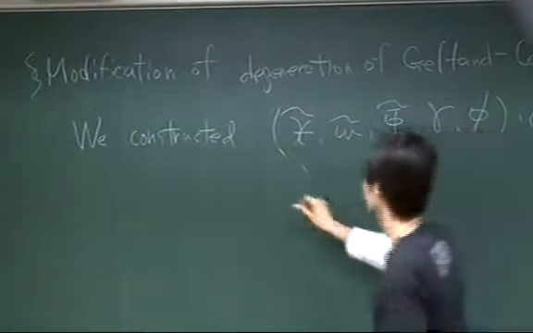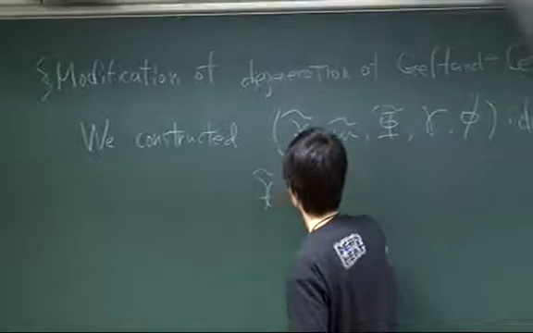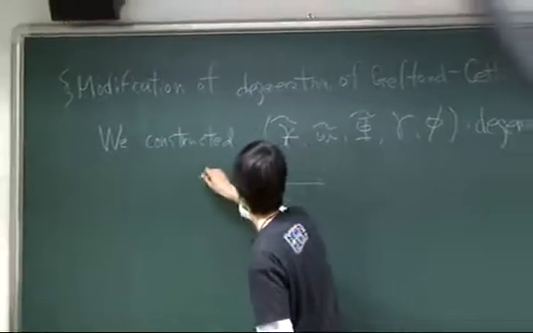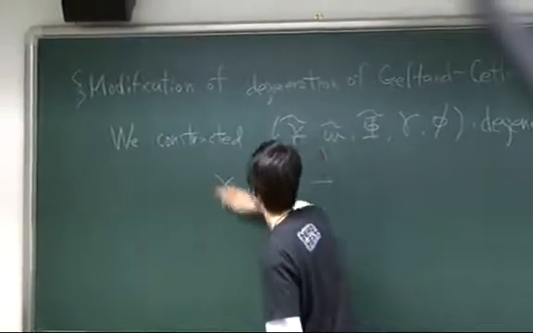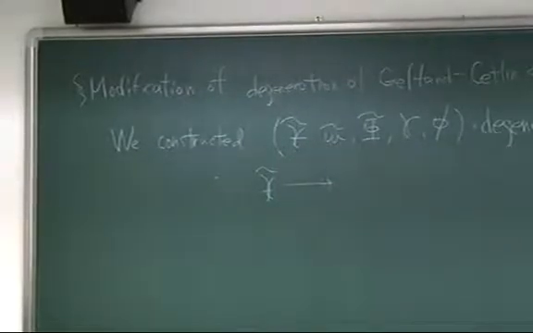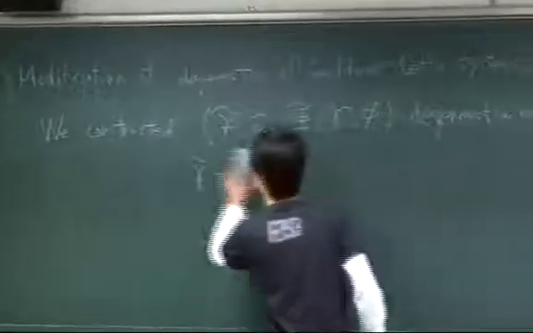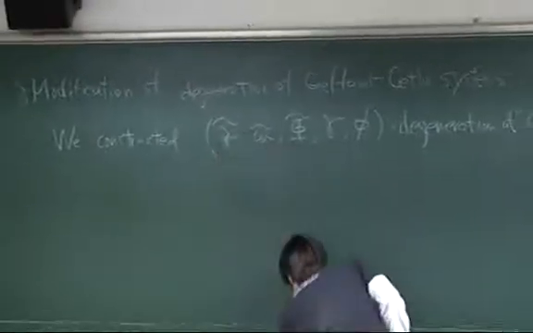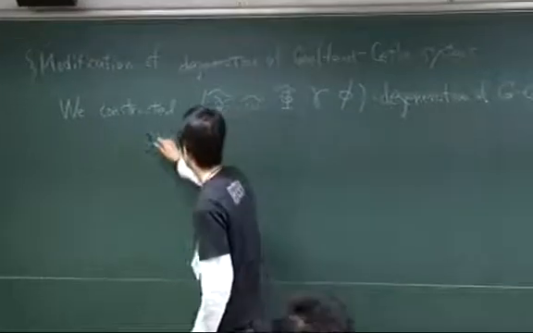With chi is gamma delta. Gamma is a path.